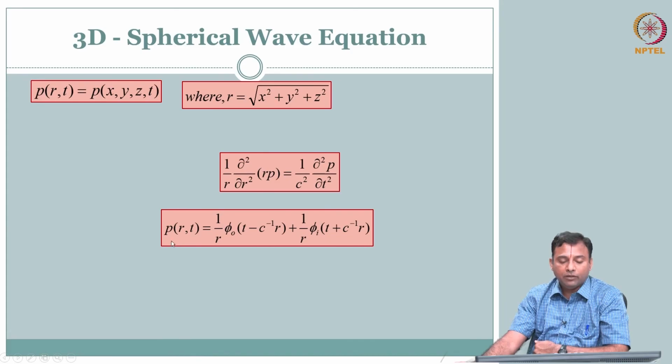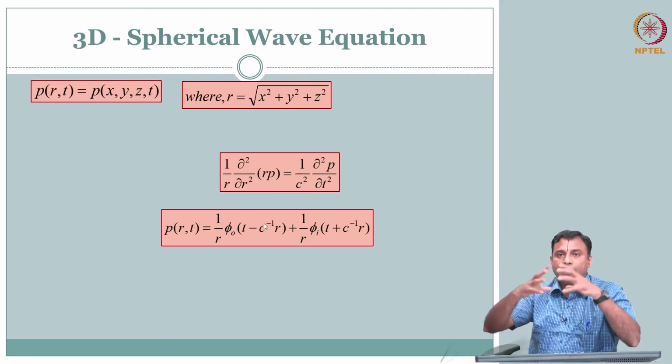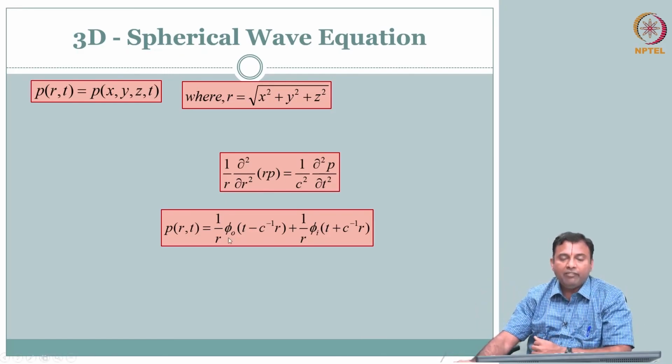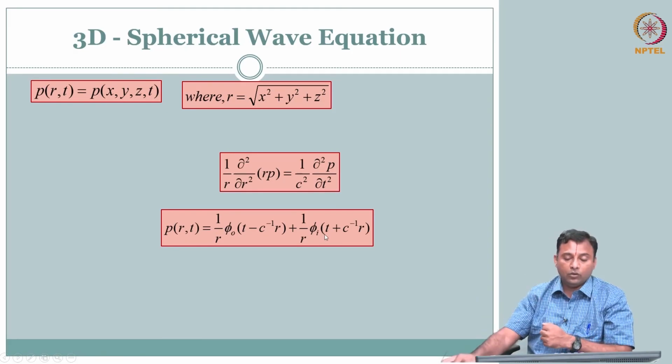The solution can also be of this form. Pressure of r, t will have two general solutions. One is, what is O here, outward, right. When the waves are going, it is expanding and shrinking. When it is expanding, you can have a wave that is going outwards, that is, your radius is increasing, or inwards, where your radius is closing.